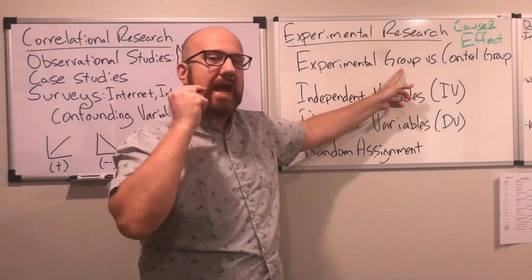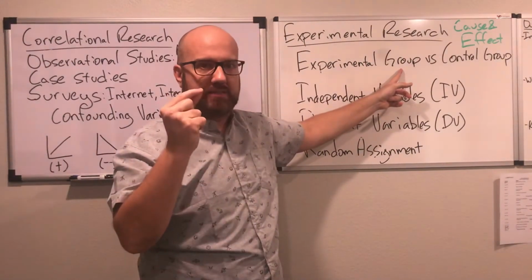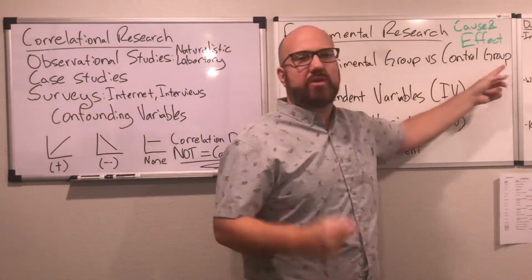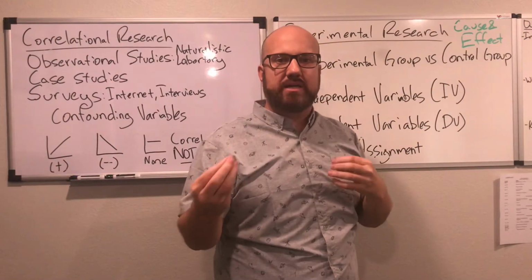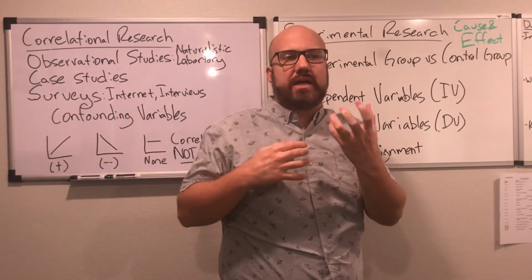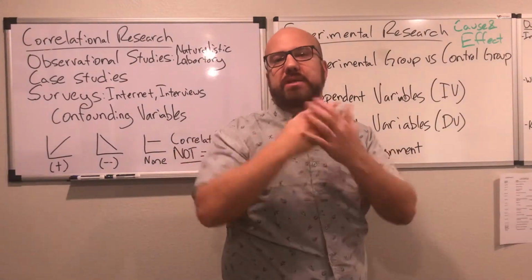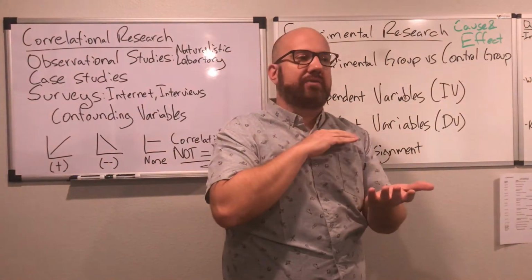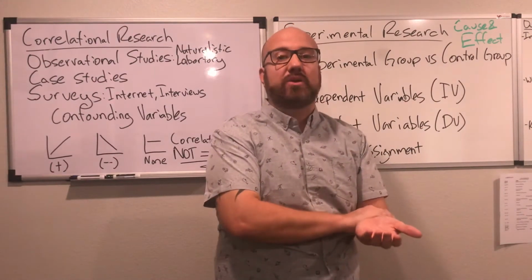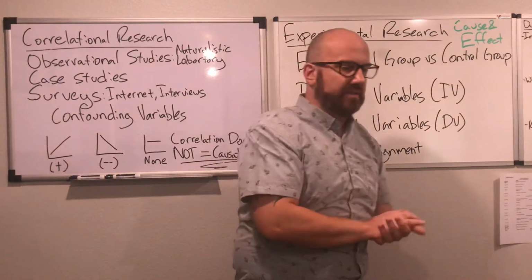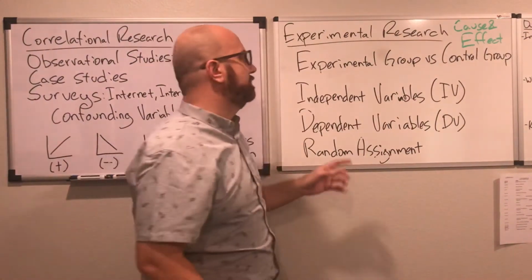They're going to get the actual pill, the real medicine. And the control group is going to get what's called a placebo, which is not the real medicine, but it does interact with the people. The best placebo will actually have the same side effects, but it will not have the active ingredients, okay? That way the person doesn't know what they're getting.